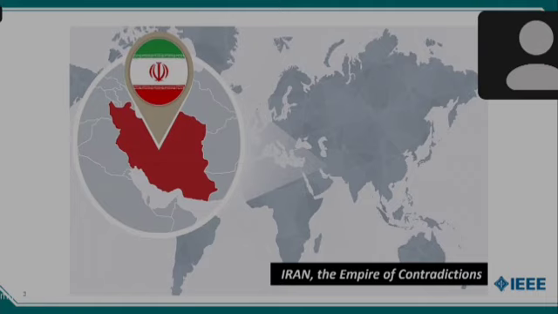In the south, we have the Persian Gulf and also Saudi Arabia. In the east side, Afghanistan, and on the west side, we have Iraq. So this is the general view about the geography of my country. The country is a 4-season country. Next slide, please.